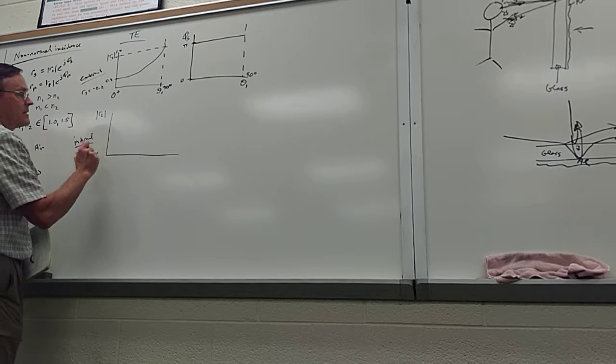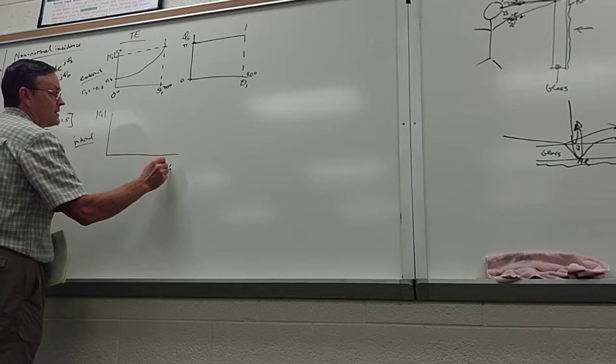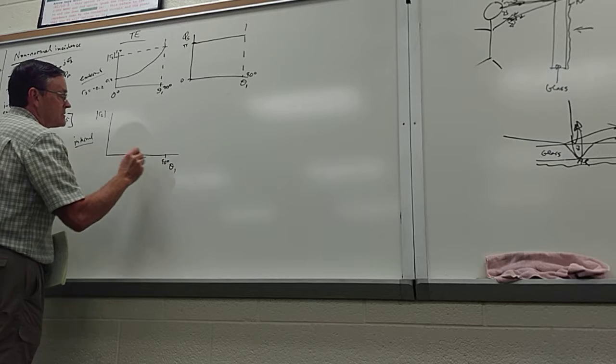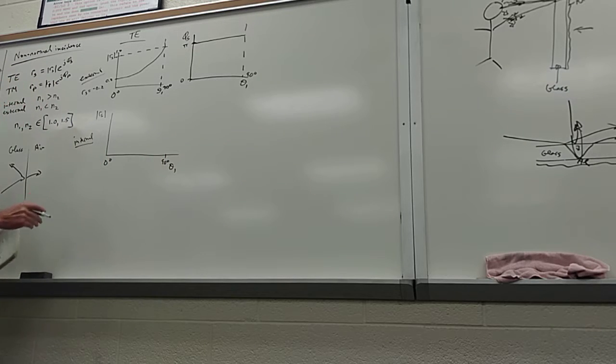So we're going to plot magnitude as a function of angle. So here's 90 degrees, 0 degrees. And if we calculate RS, it's going to be 1.5 minus 1 over 1.5 plus 1, because N1 is 1.5 and N2 is 1.